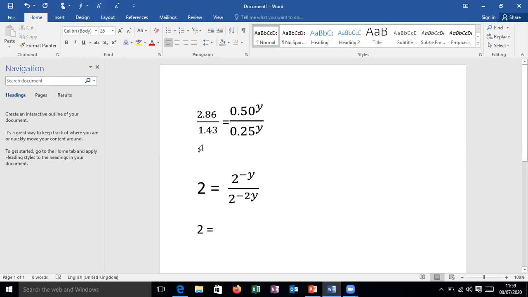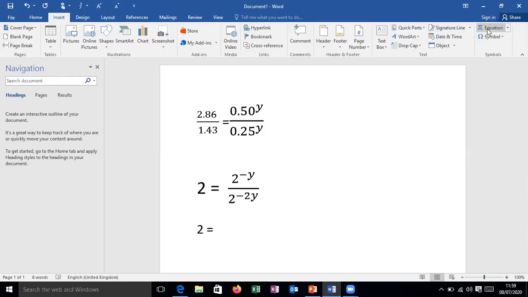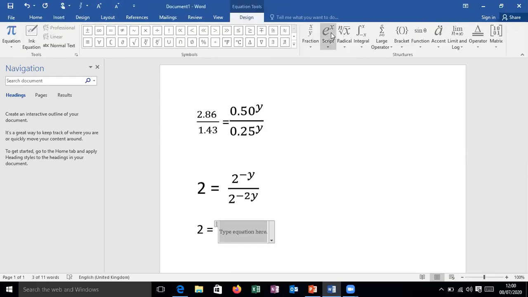So we'll have 2 raised to the power, since we are dividing, we subtract the powers. So that will give us negative y minus 2y. So it becomes plus 2y.